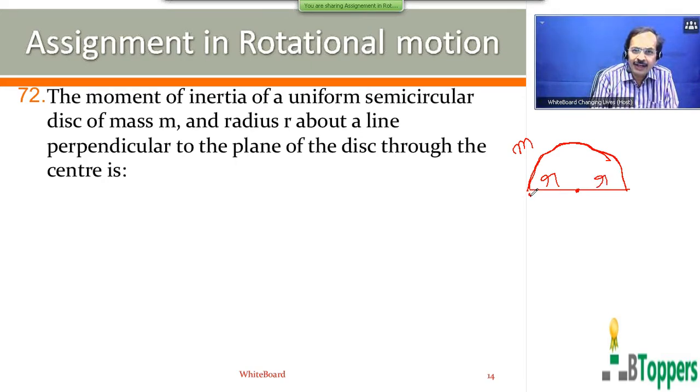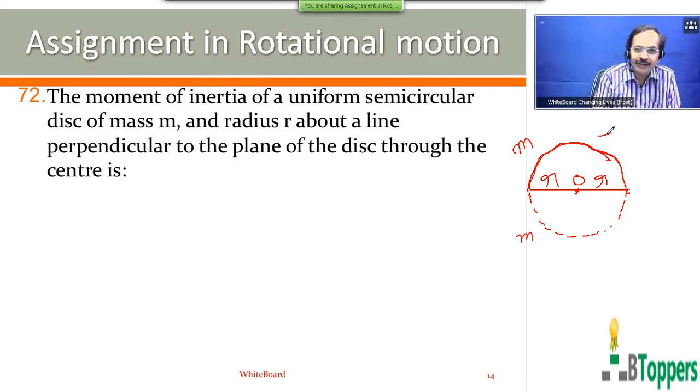Let us imagine another identical semicircular disk is placed below this, which has the same mass m and same radius r, so that the centers of the two semicircular disks coincide at O, so that you get a full circular disk.